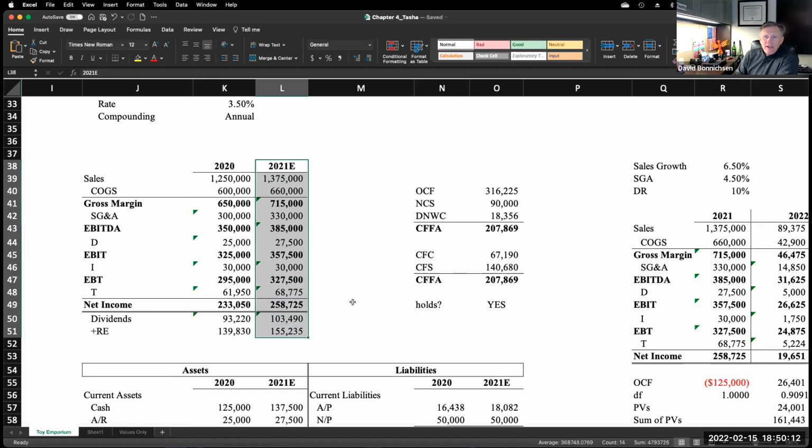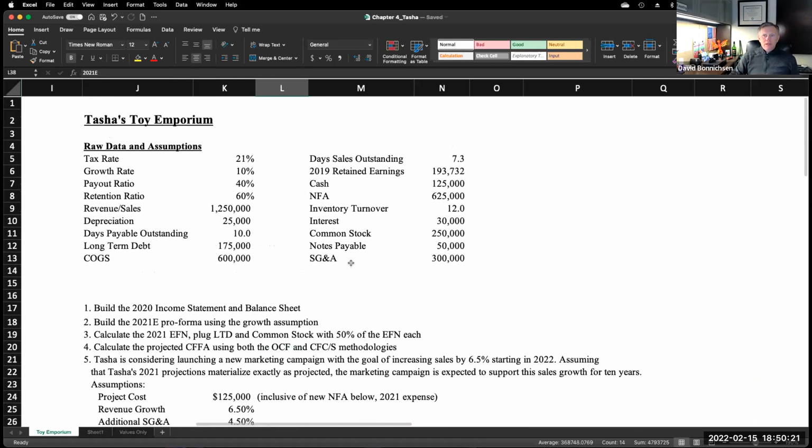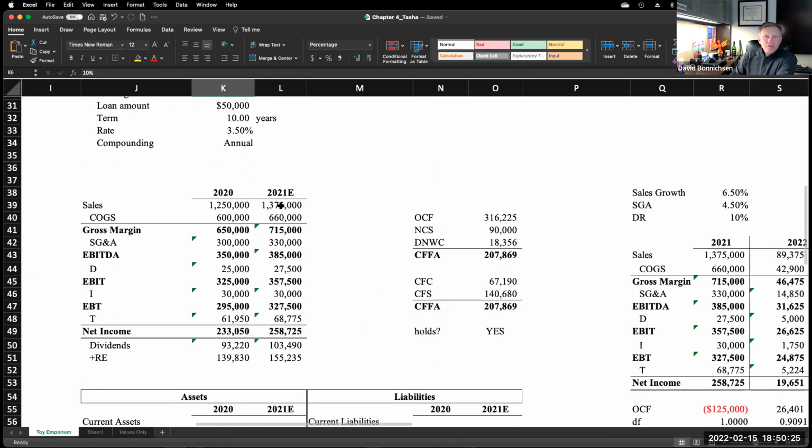So that completes our estimate for 2021 on the income statement. We took the growth rate that we were given in our assumptions table. We applied it to sales, naturally, cost of goods, SG&A, depreciation. We kept interest flat.